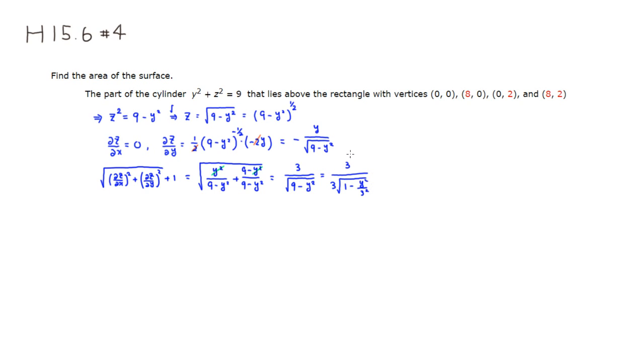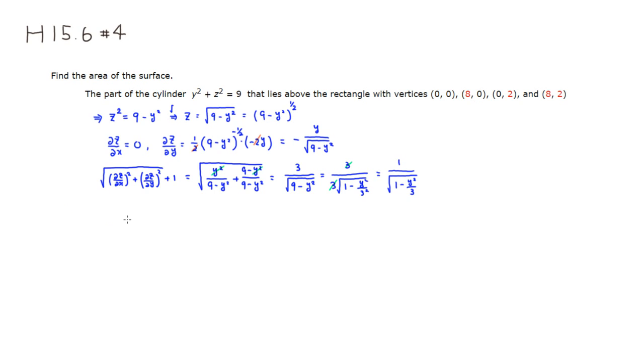We still have a 3 there, so we can cancel the 3 on top and the 3 on the bottom. So this is just 1 over the square root of 1 minus y squared over 3 squared. Once we've done that, we just have to integrate it over a rectangle.